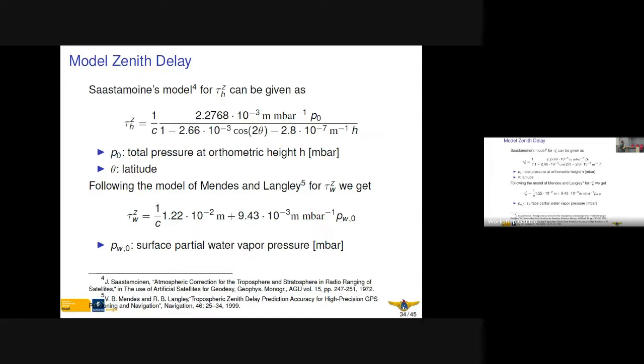So to calculate these two delays, we need the total pressure at orthometric height, and we need the latitude, and we need the surface partial water vapor pressure. And if we have this, we can calculate the tropospheric delay based on these models.